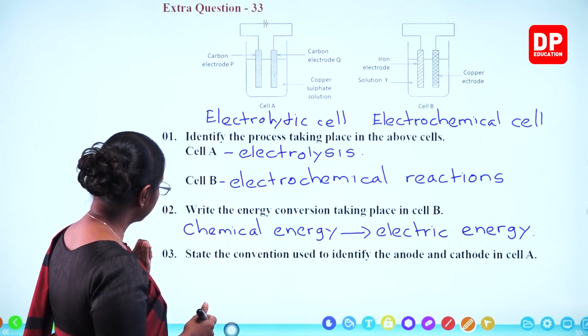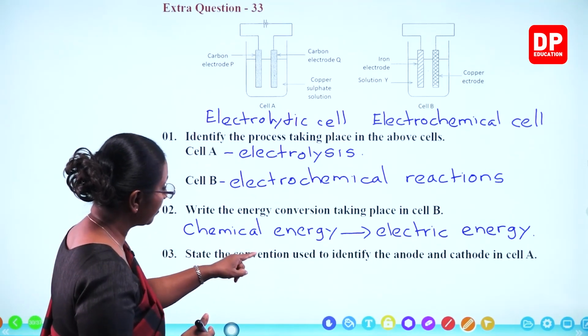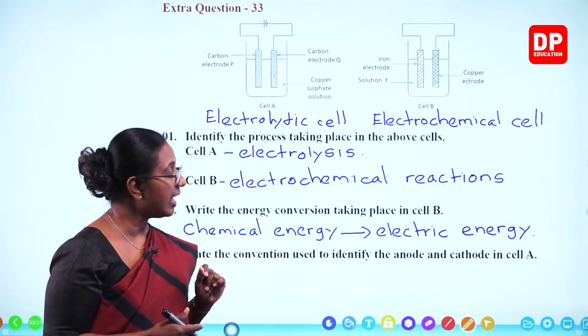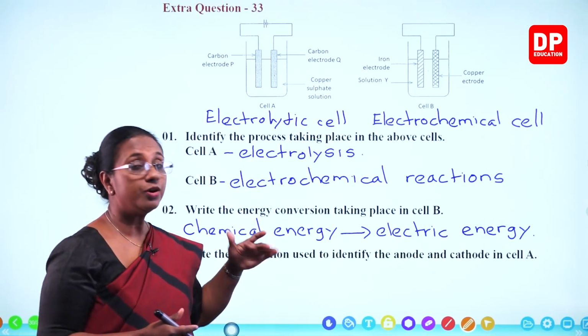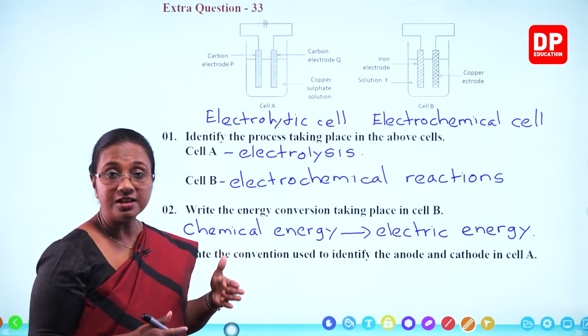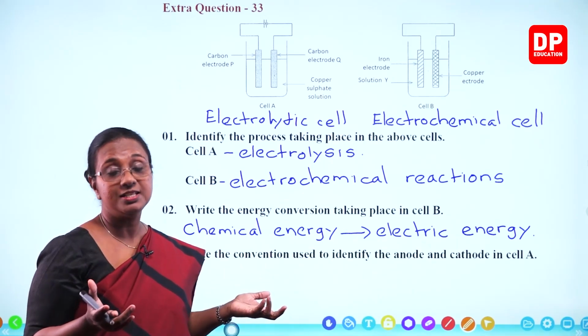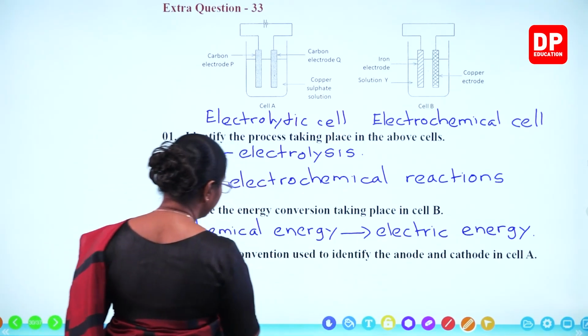So here the question is, state the convention used to identify the anode and cathode in cell A. So anode and cathode based on oxidation and reduction. That never changes. So that is what we need to say there.